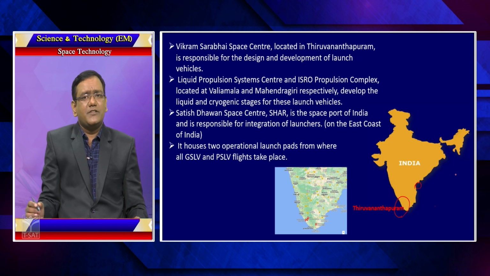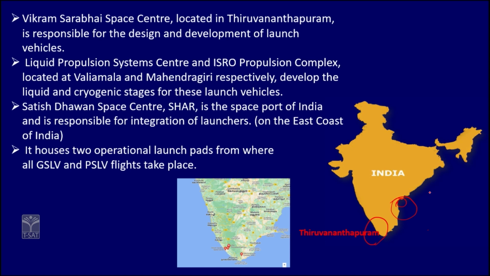What I would like to say is why we have these space centers like SHAR on the east coast of India. We all know that the earth rotates on its own axis from west to east. So this is west and this is east. Earth moves from west to east, right? So if we want to launch a vehicle, we should launch this vehicle in this direction itself.